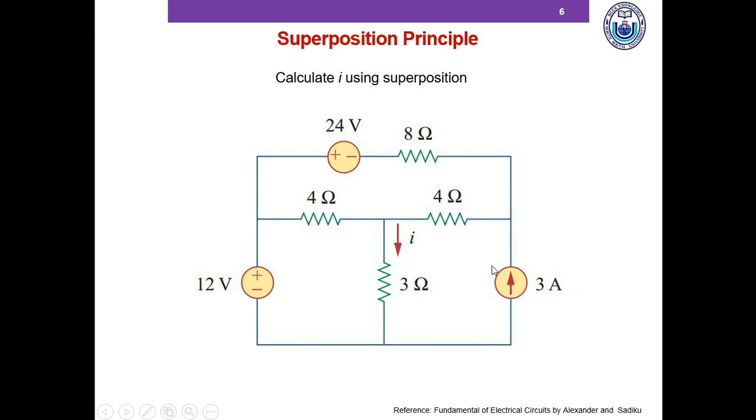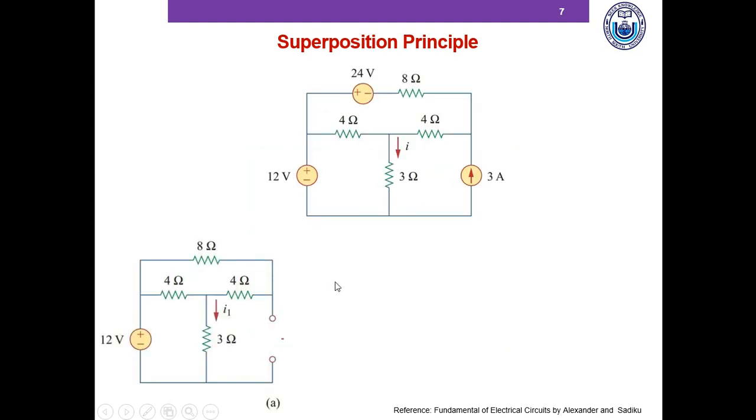So we basically have to analyze three circuits. At first we keep the 12 volt voltage source active and turn off the rest of the independent sources, this one and this one. By turning off, I mean replacing each voltage source with a short circuit and replacing each current source with an open circuit.